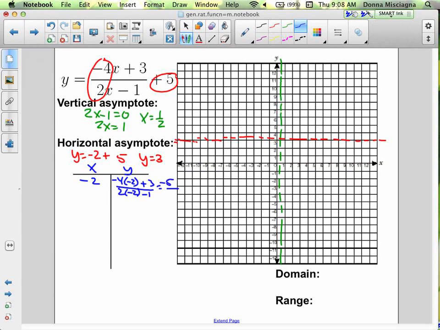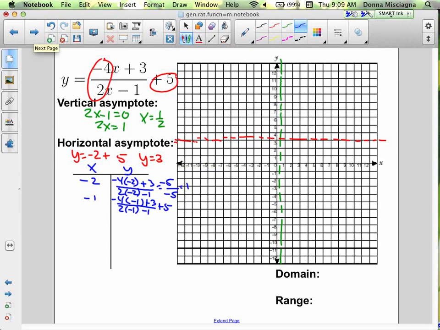And then -4 minus 1 is -5. Hey, how about that? It's 1. And then -1 would be -4 times -1 plus 3, over 2 times -1 minus 1, and then plus 5. Uh-oh, I forgot the plus 5, didn't I?